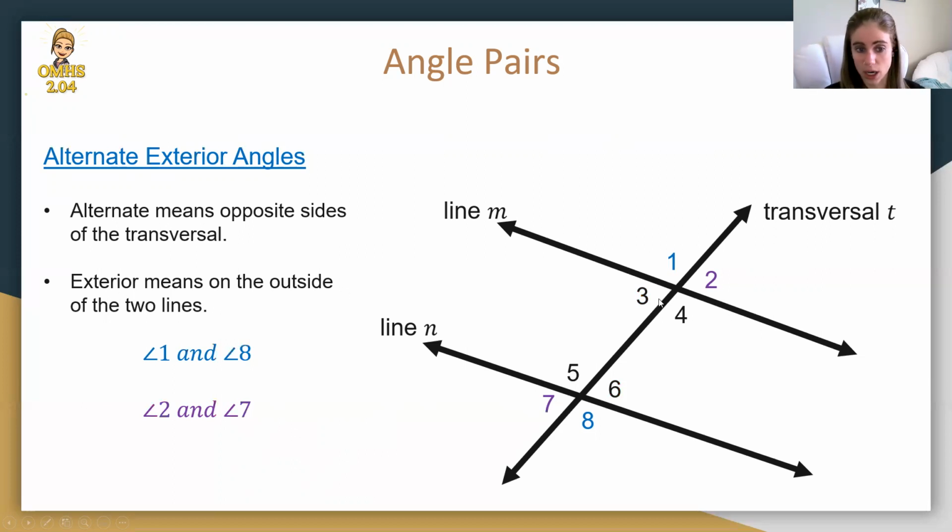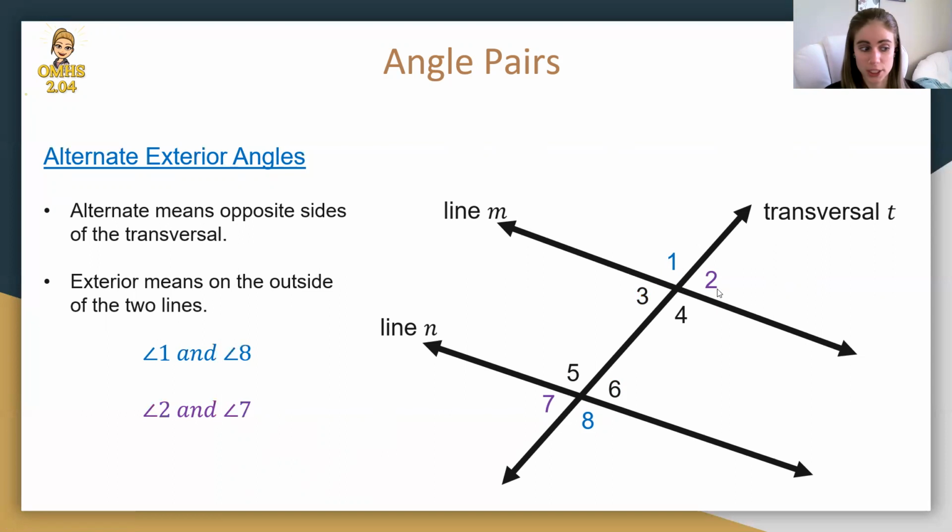All right, notice how our colors here are no longer on the inside, they're on the outside. 1 and 8 is our first pair. So 1 and 8 are alternate exterior angles because 1 and 8 are on opposite sides of my transversal. So that's this line right here. And they're both on the exterior. They're on the outside of my lines.